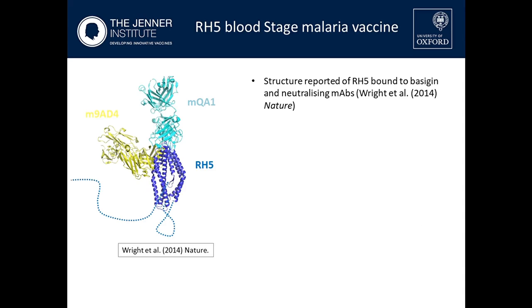In 2014, the structure of Rh5 bound to basigin was reported, and also neutralizing maps that reveal where the protective epitopes were, and by precision immunology we could modify the antigen, making it focus towards these protective epitopes.